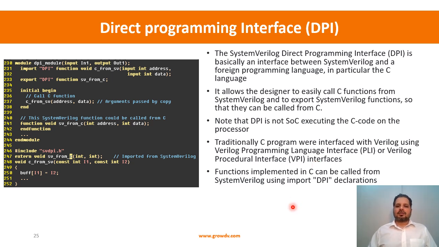Let's look at one quick example of how this whole thing works. We have a DPI module and some ports. If you want to call a function from C, you say import DPI function, and then you provide the function prototype that you have in C. Whatever prototype I have, that exact prototype you put over here, in SystemVerilog syntax, but the whole idea remains the same.